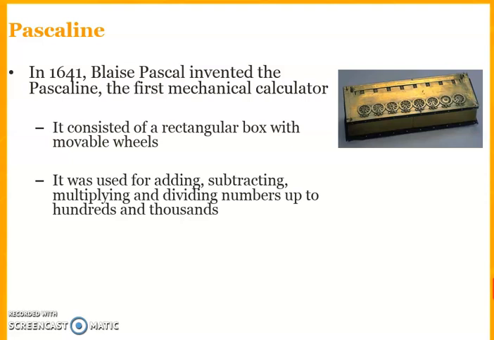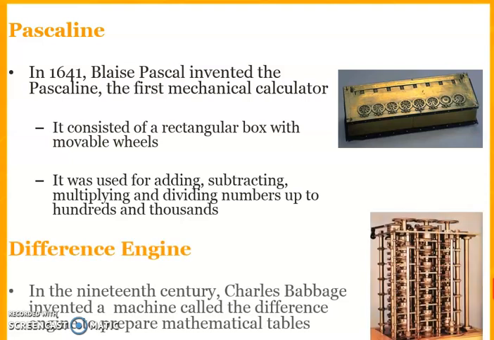It was also used for multiplying and dividing numbers, but now it was used for hundreds and thousands of numbers. Before that, all these devices only used simple 2 to 3 digit numbers, not reaching 100, but now the Pascaline reached hundreds and thousands.